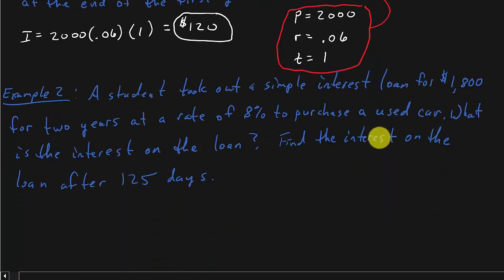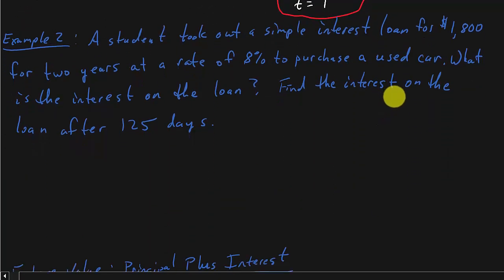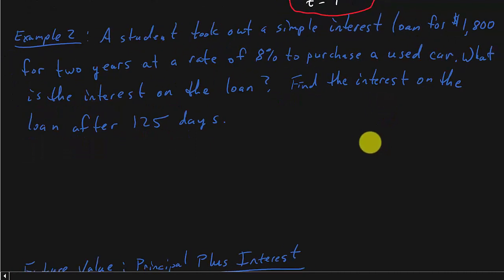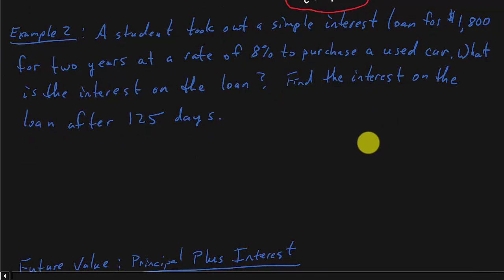All right, so let's look at example 2. It says a student took out a simple interest loan for $1,800 for 2 years at a rate of 8% to purchase a used car. What is the interest on the loan? And then it says find the interest on the loan after 125 days.